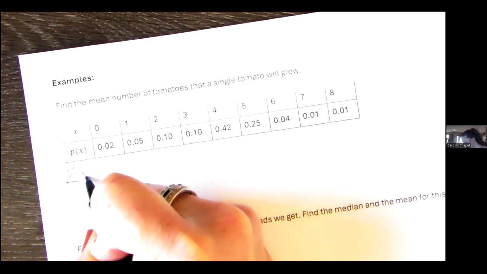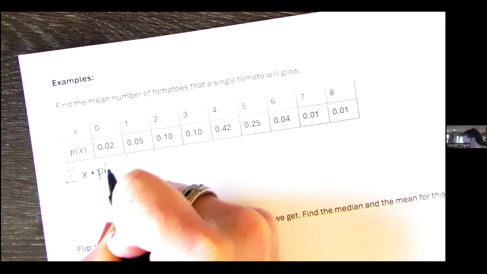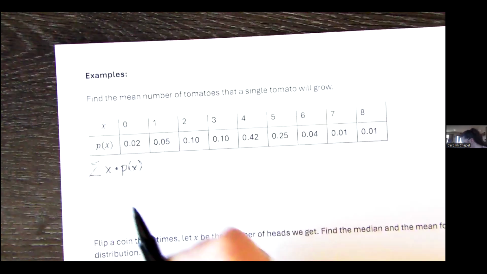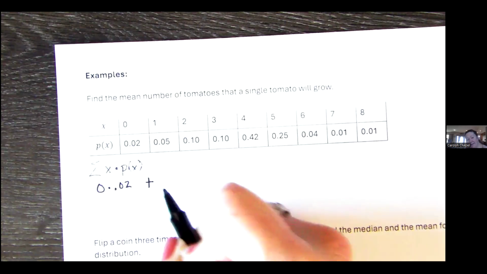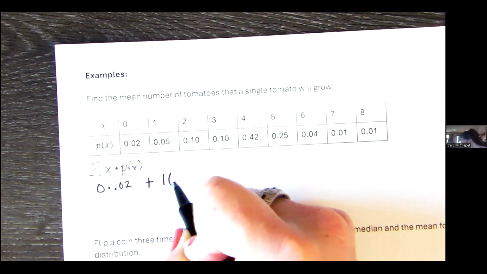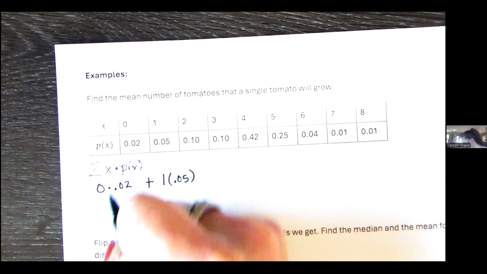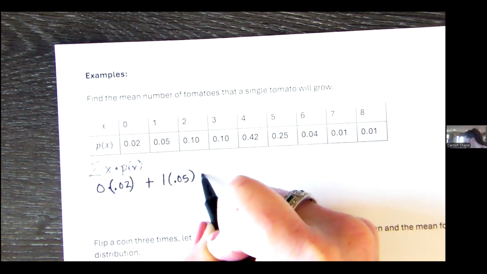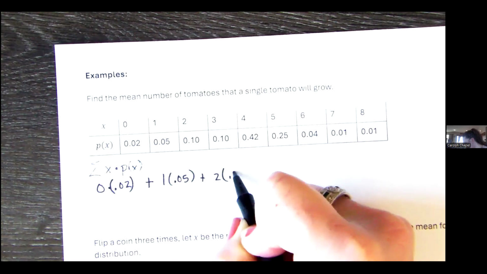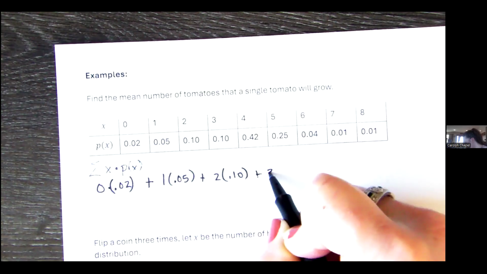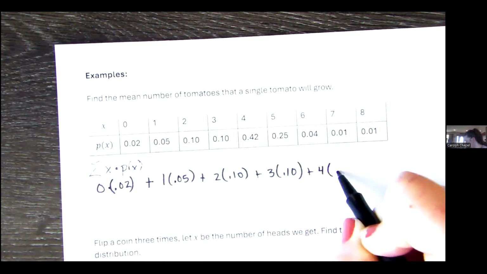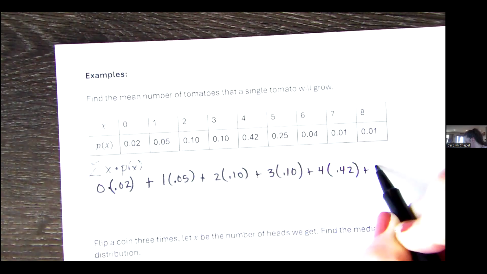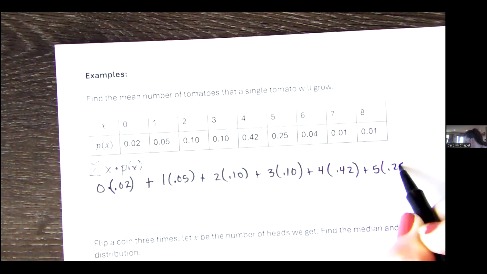So we're going to add up our X values multiplied by our probabilities. I'm going to take my 0 and multiply it by that 0.02. Then I will add the 1, and I'll put this in parentheses instead of a multiplication dot. We will add. So I'm taking each value and multiplying it by its corresponding probability.